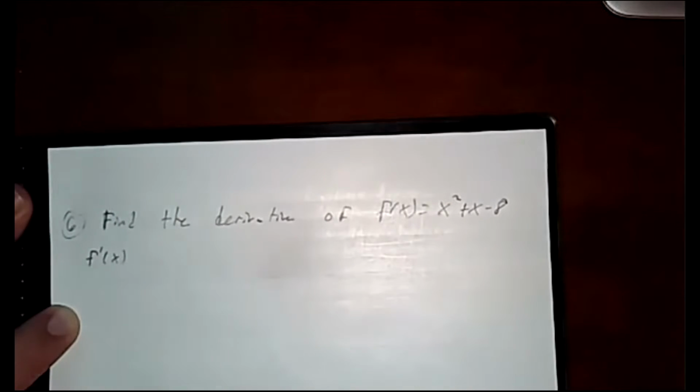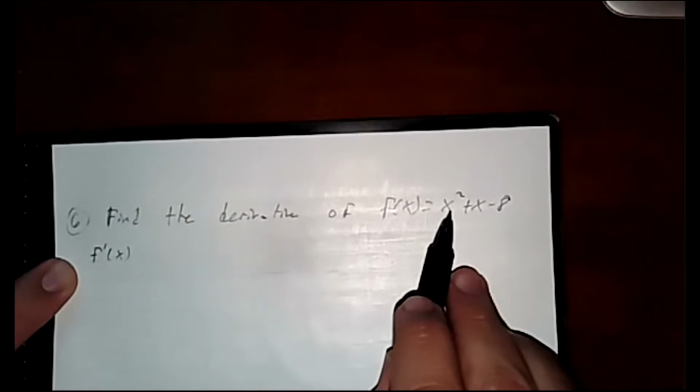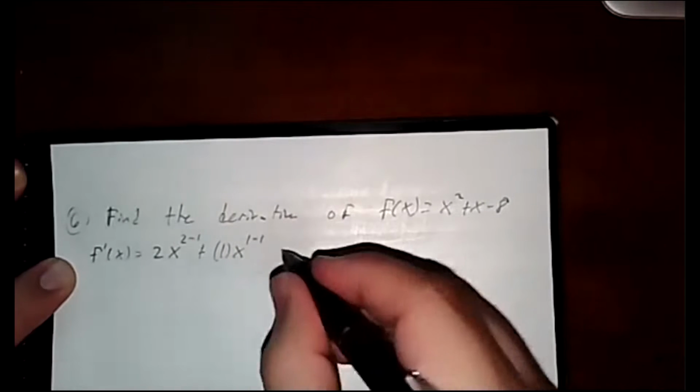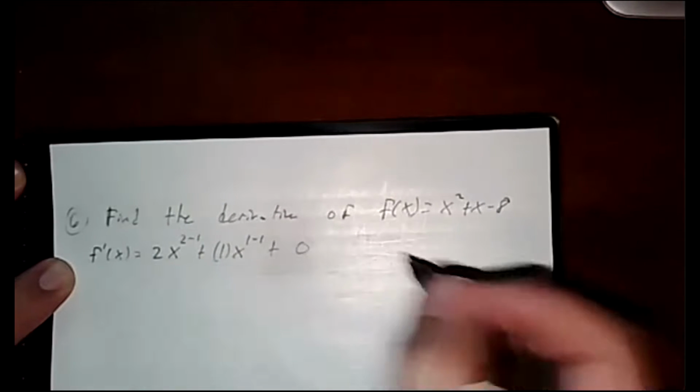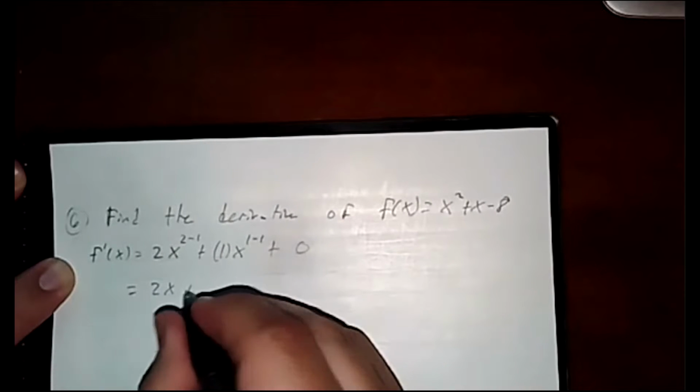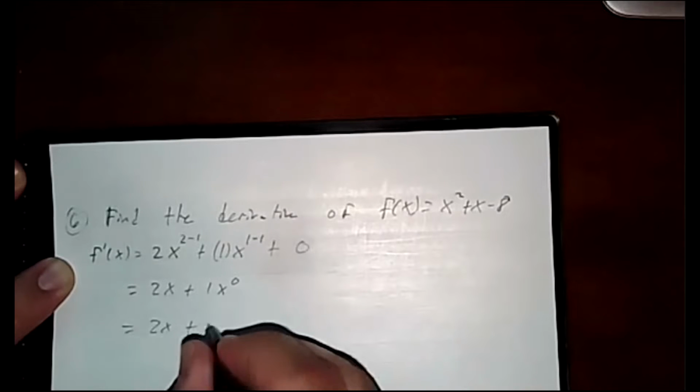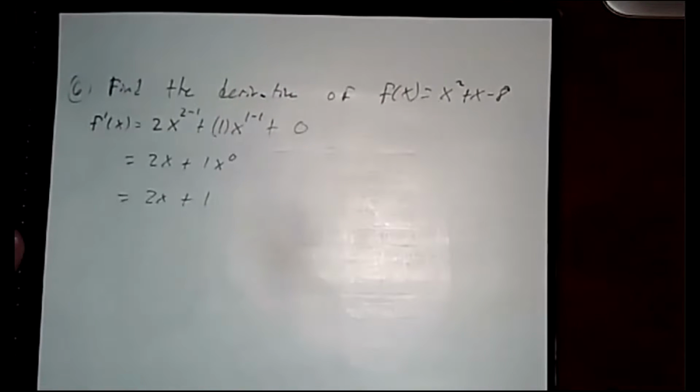So if you take the derivative, use the power rule on the first one, right? That means you bring down the 2 and you subtract 1, right? On this one, you bring down the 1, which doesn't do anything, and you subtract 1, and this becomes a 0. So this becomes 2x. This becomes 1 times x to the 0, which is 1. So 2x plus 1. Do you see how it's the same answer?